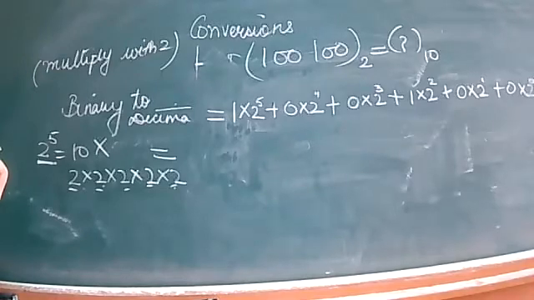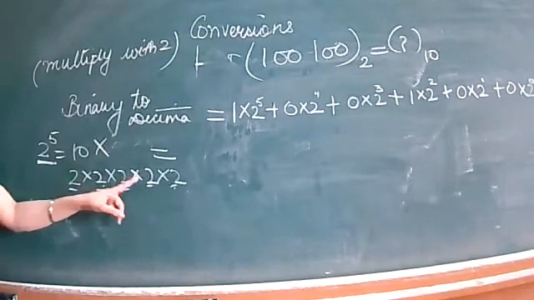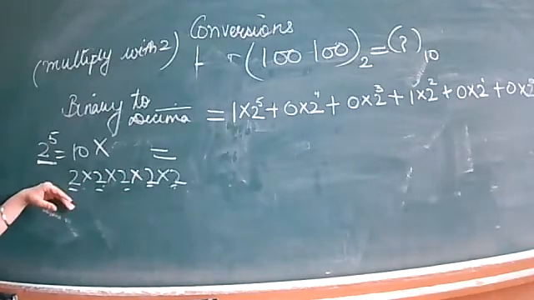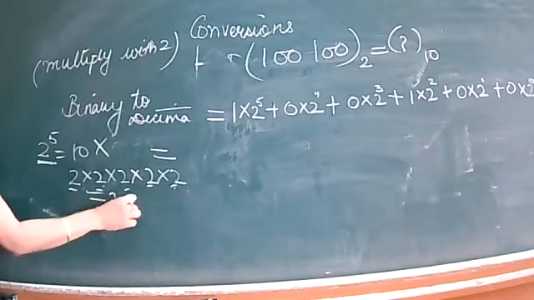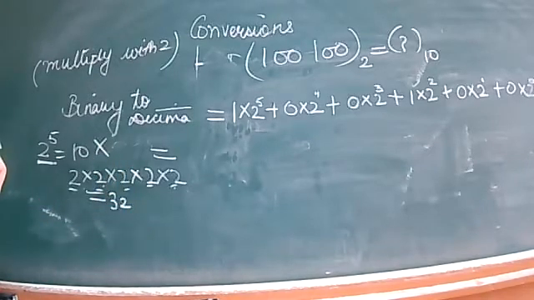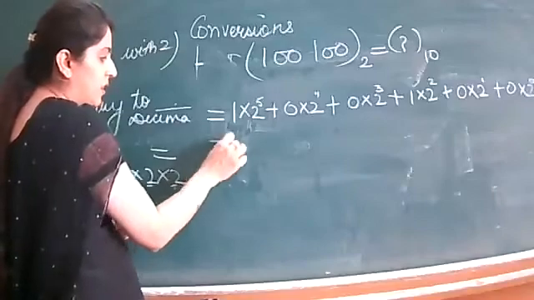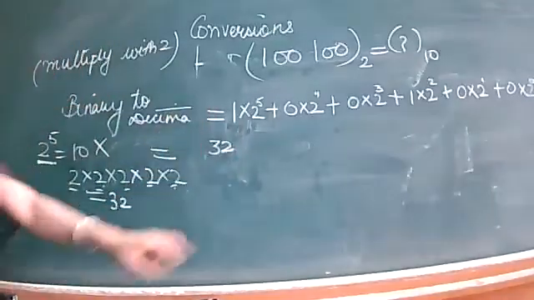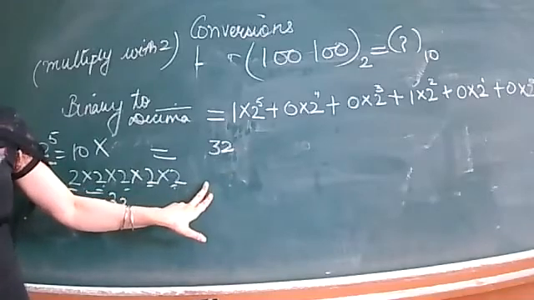What is the meaning of 2 raised to power 5? Simply multiply 2 five times. Now what will you get after multiplying it? This is equivalent to 32. Clear? Now 32 multiplied by 1 is 32.